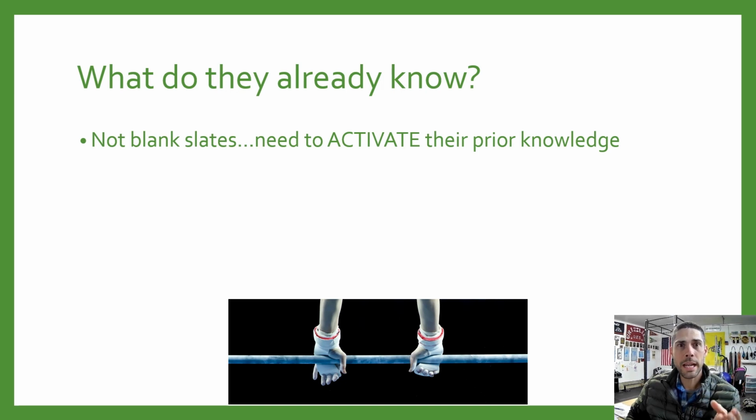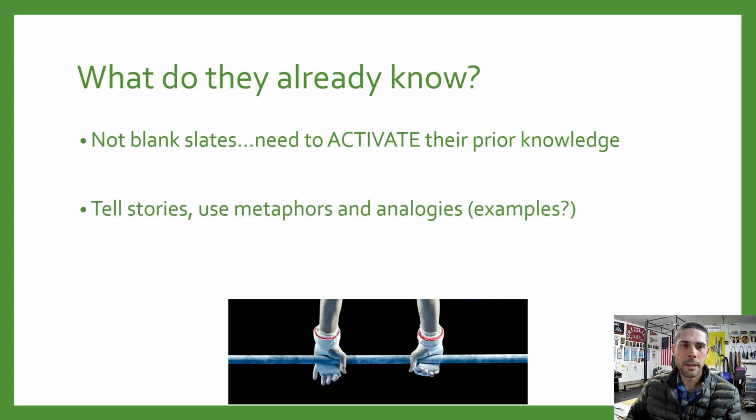The imagery to connect with something that they already know, they understand, connect that with what it is that you're wanting them to use. So all sorts of different ideas there. You can tell stories, you can use metaphors, different analogies. There's all sorts of examples out there. Another one, I'll have athletes pretend like they're taking their racket back through water. That's the technique on a tennis serve.